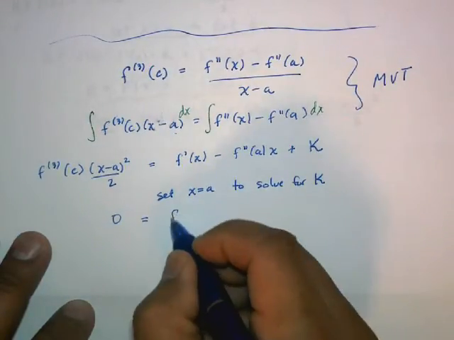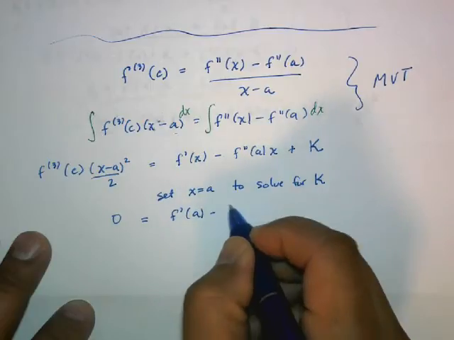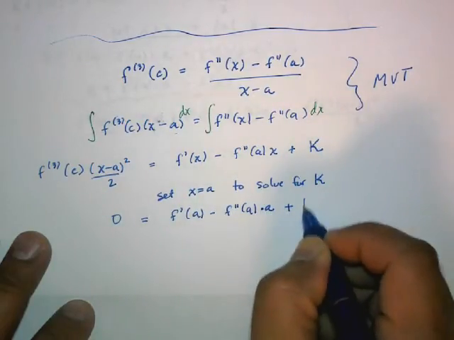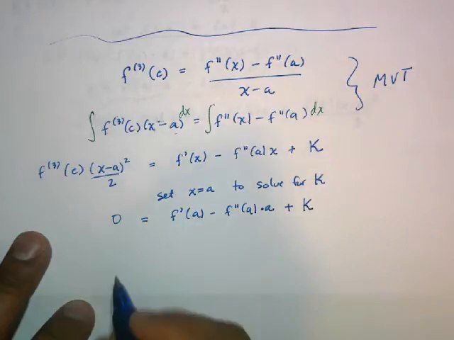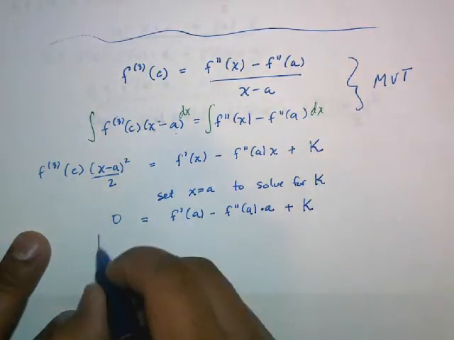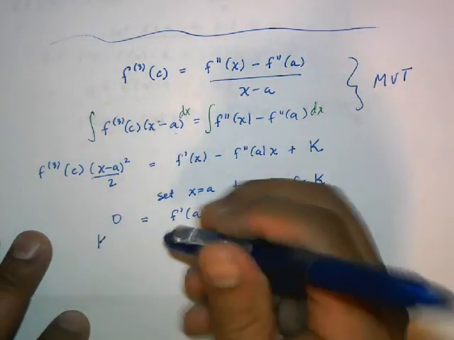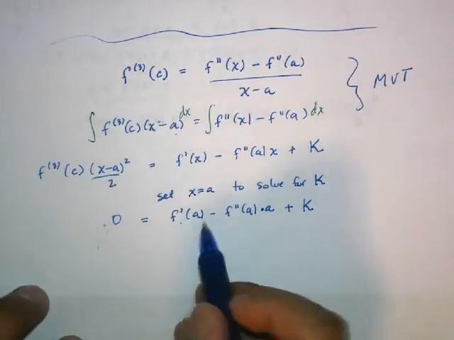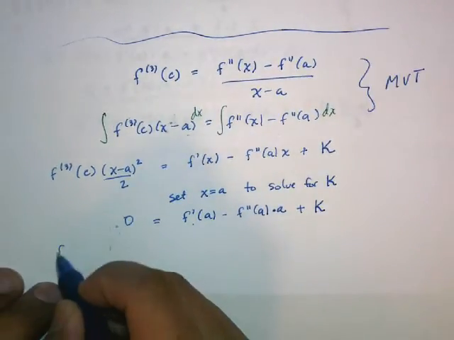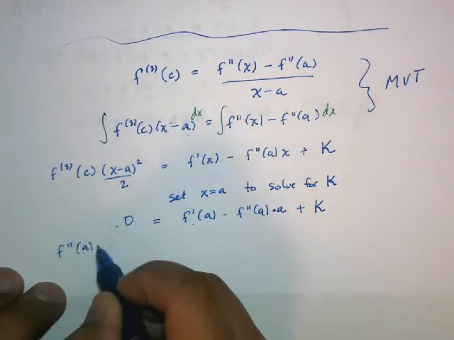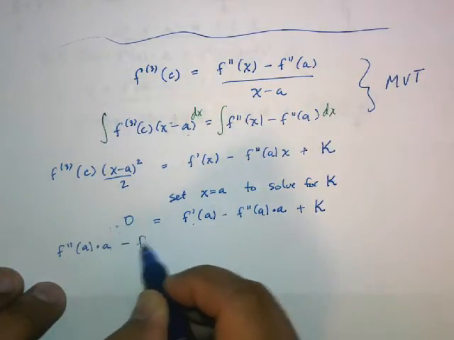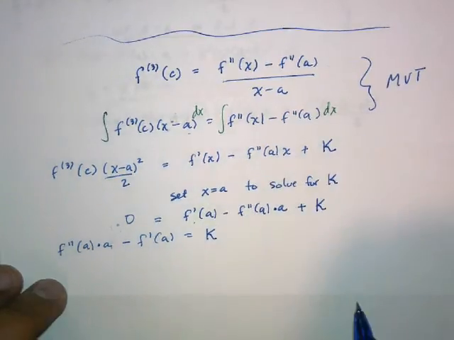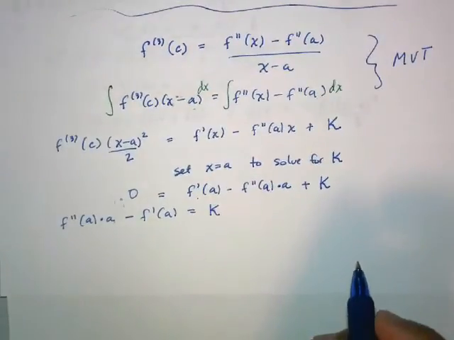And on the right side, I get f prime of a minus f double prime of a times a plus big K. Rearranging, I get that k... So just taking all of this and moving it to the other side, I get that f double prime of a times a minus f prime of a is equal to the constant that comes from the antiderivative.